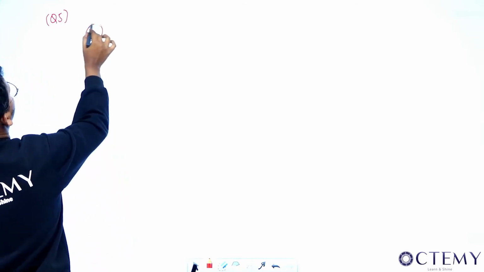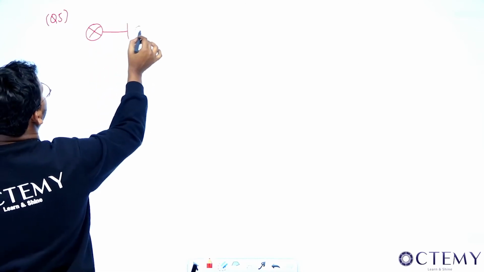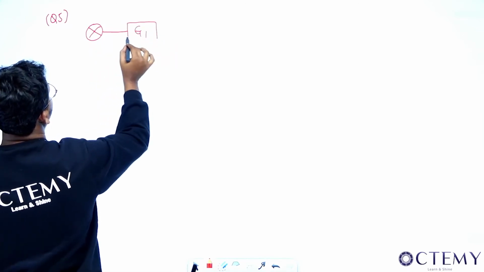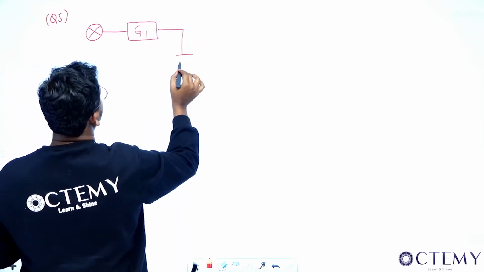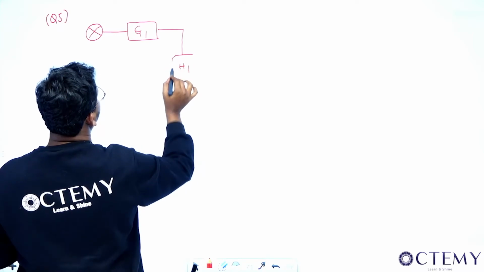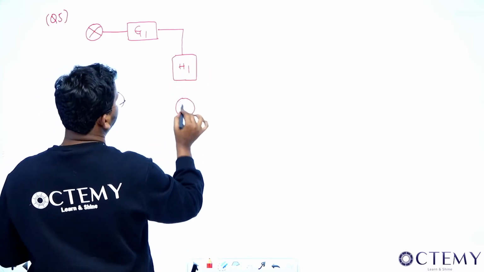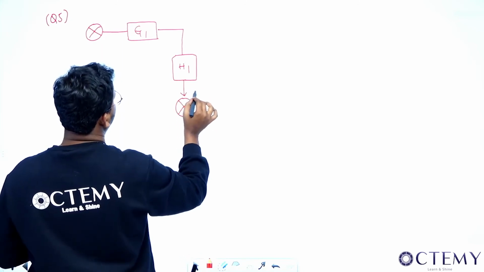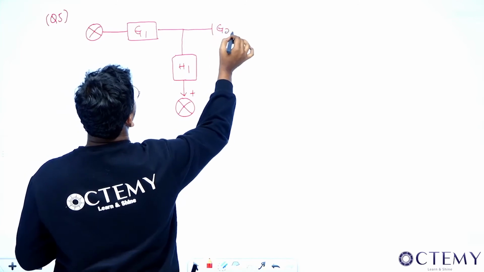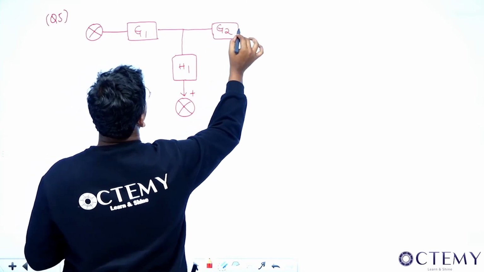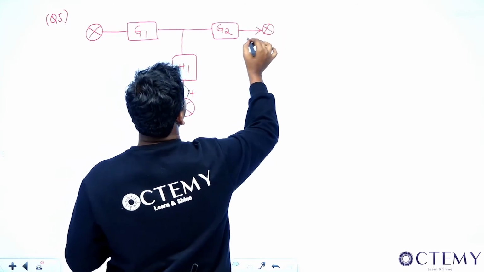This is also a simple problem, but interesting to look. See, sir, it has this G1 here. This has H1 here. There is a summing point here. This is plus, and this is G2, and this is a summing point again. This is plus.